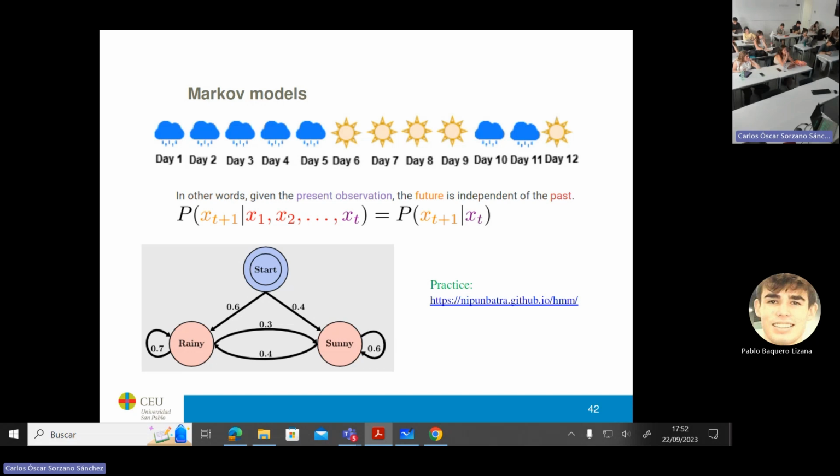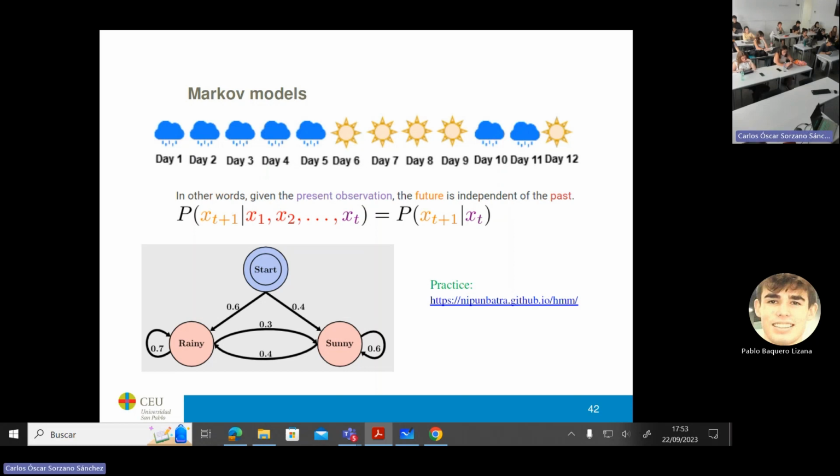And this kind of sequence is a random sequence, and a random process is Markov, so it has the Markov property or Markovian property, if this probability, this conditional probability of tomorrow given all the previous states, only depends on today.